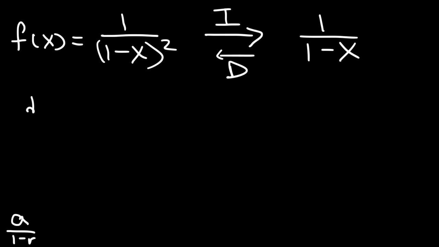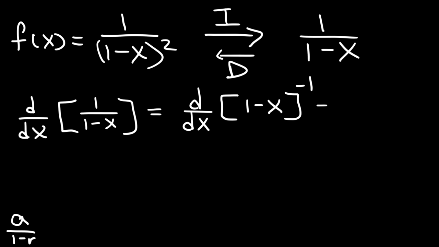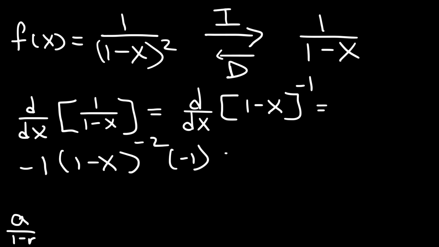And let's show that. So let's take the derivative of 1 divided by 1 minus x. So the first thing we need to do is rewrite the expression. So this is 1 minus x raised to negative 1 power. And using the power rule, it's going to be negative 1 times 1 minus x to the negative 2. And the derivative of 1 minus x is negative 1.